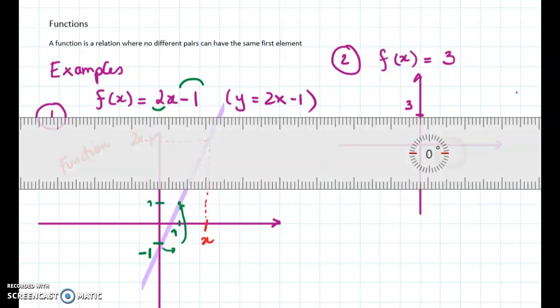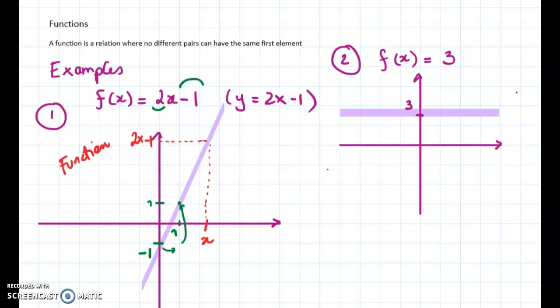So I'm going to sketch the horizontal line here. So I'm going to draw my line over here. This line represents the function f of x is equal to 3. And we can see also in this case that for each value of x, there is a unique corresponding value of y, namely the value 3. So this one over here is also a function.